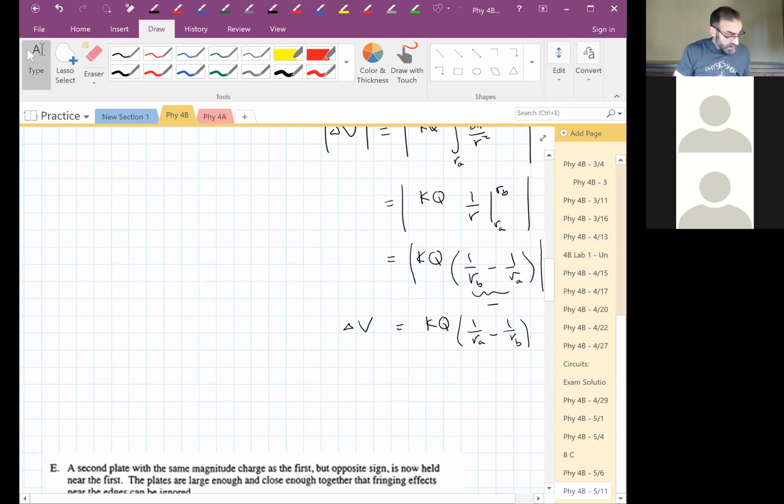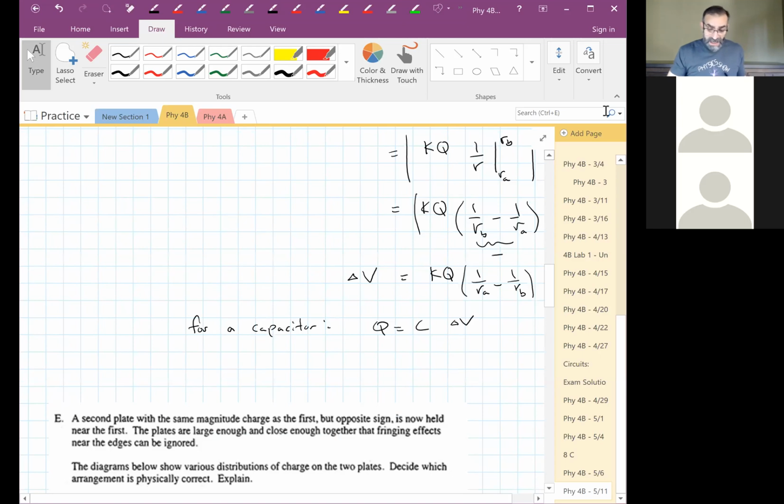Okay, so now I have delta V is equal to something times Q. So I just need to rearrange it to get it into my capacitor formula. So I'll rearrange that.